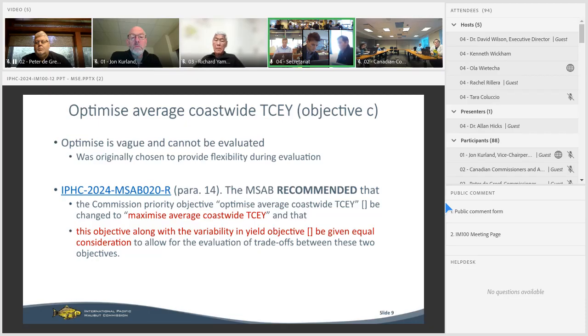In other words, in my view of what the MSAB was writing in the report, they find both of these concepts very important: the amount of yield, but also how much that yield, the TCY, changes from year to year. And when you look at the results, you will find that there is a clear trade-off between these two concepts. We'll view that in a moment.